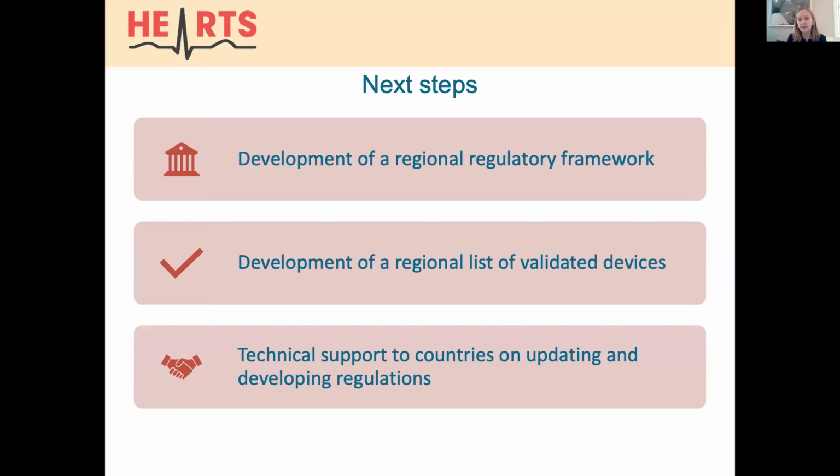But many devices that are sold in Latin America have different names, different brands, and it's very hard to find them in these available lists. So perhaps Latin America and the Caribbean need a regional list, or countries will need to develop national lists if they have the capacity.